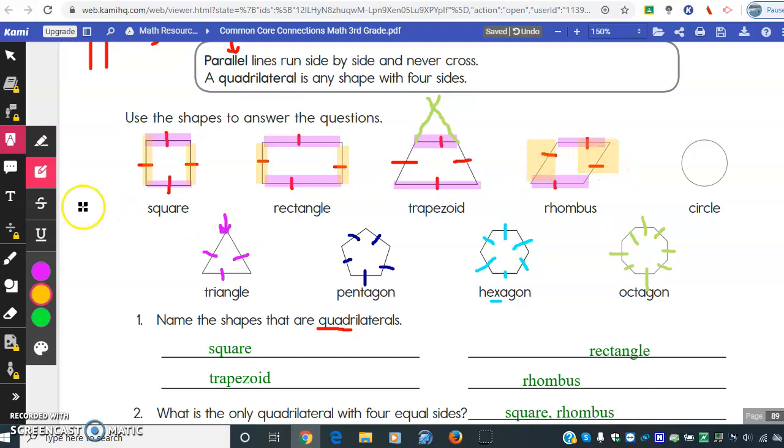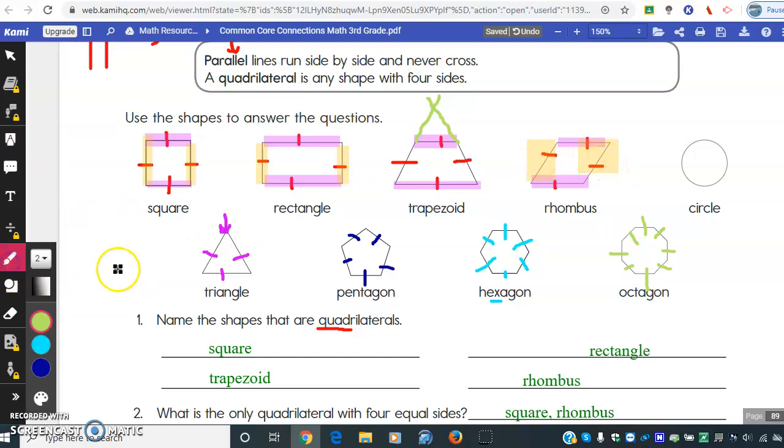Because the two sides are going sideways in the same direction, it's okay. They are parallel because they're going sideways in the same direction. Not like these two. They were going sideways towards each other. These two are going sideways in the same direction. So a rhombus is like a rectangle and a square. It has a purple set and a yellow set. The trapezoid was the only strange one.